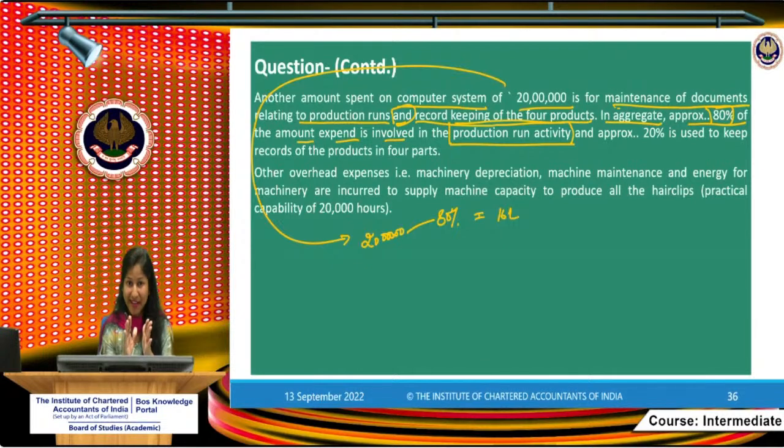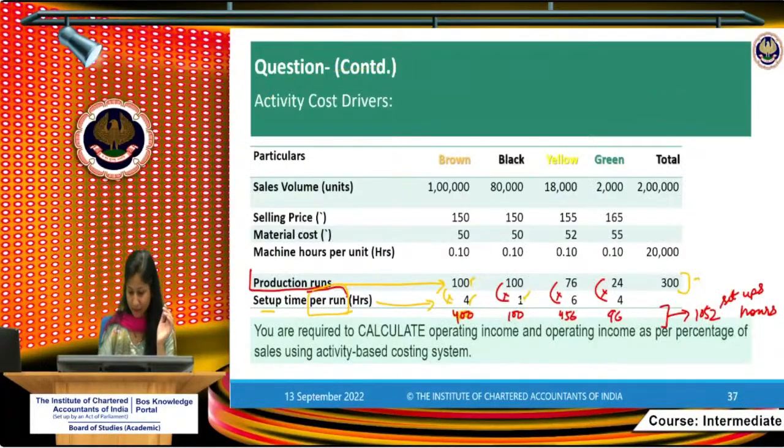Now don't get confused here. I think you already understood the meaning of this line, but I'll tell you: how many times the production is running, the documents are maintained separately. How many production runs were there? Let's see. It was 300 here.